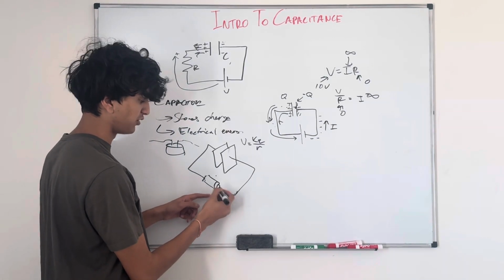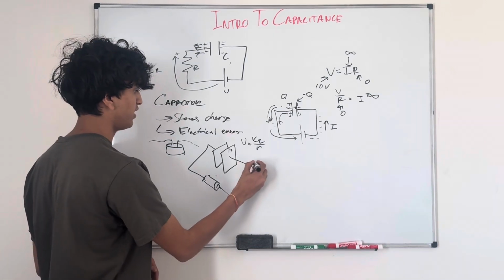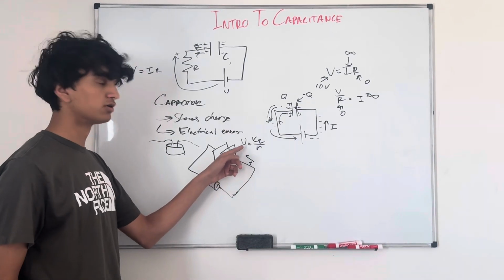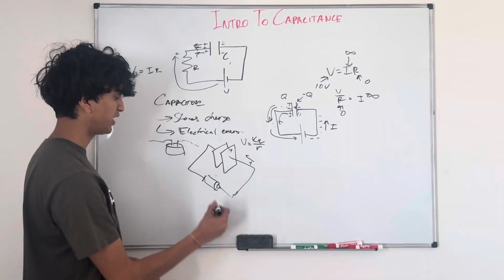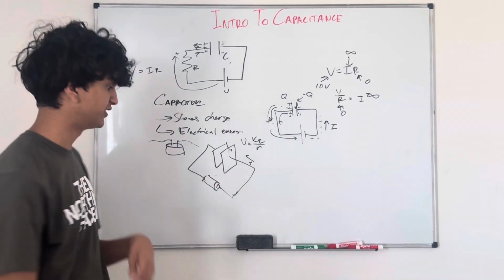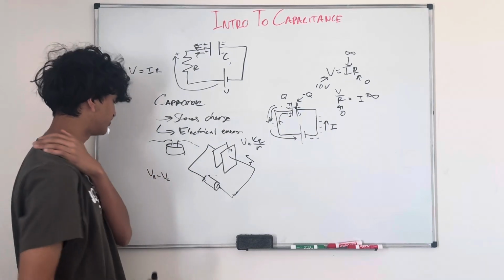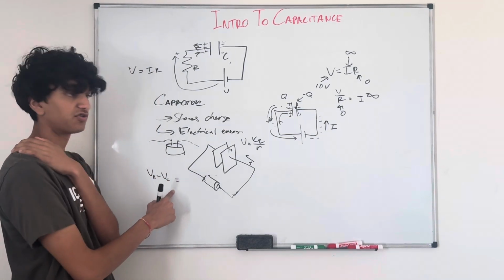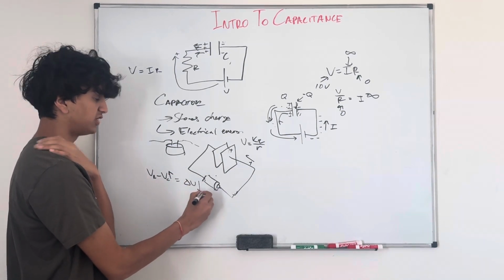So let's say a positive ends up here. Now, when the second positive is heading over here, there's now a little bit of potential. So if you think about the potential difference, potential of the battery minus potential of the capacitor, if the potential of the capacitor got bigger, there's less potential difference.